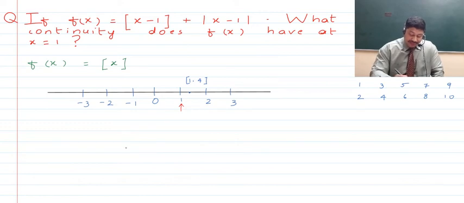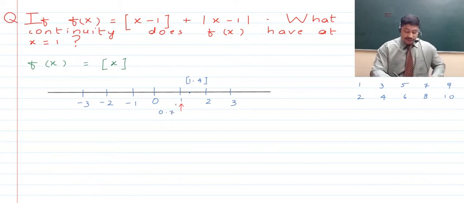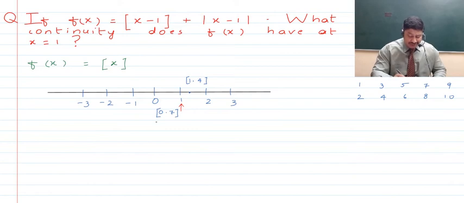Similarly, guys, if we talk about the greatest integer of a number which, say, is 0.7, then we are going to reach the closest integer of this on the left hand side of it, and the closest integer which is on the left hand side of it is 0. As such, the greatest integer of 0.7 is going to become equal to 0.